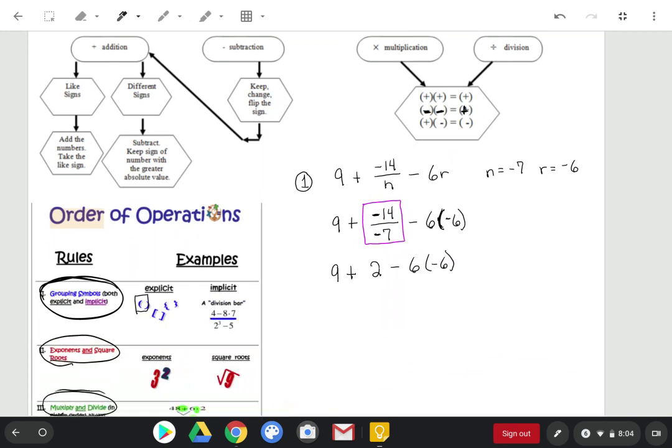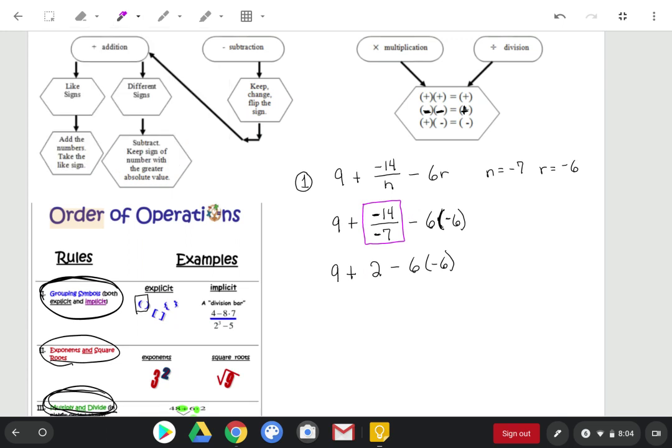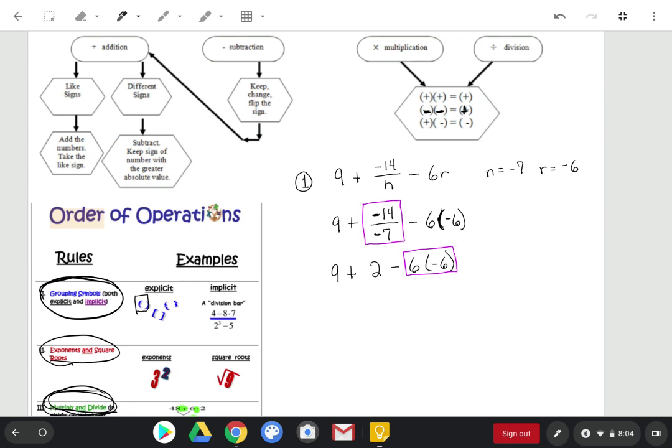Okay, we're still talking about multiplication and division, and we still need to multiply. So we need to multiply 6 times negative 6. So I'm going to go ahead and start copying things down. I'm going to bring down 9 plus 2 minus, but I've got to figure out what 6 times negative 6 is.